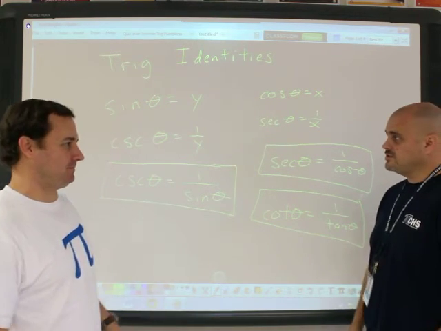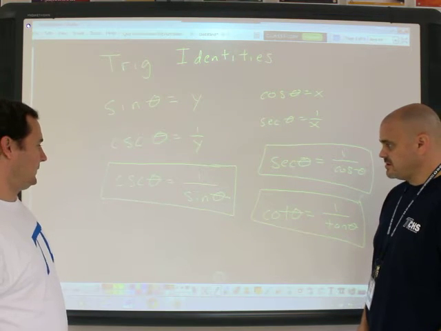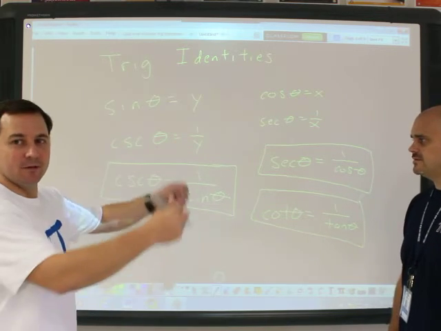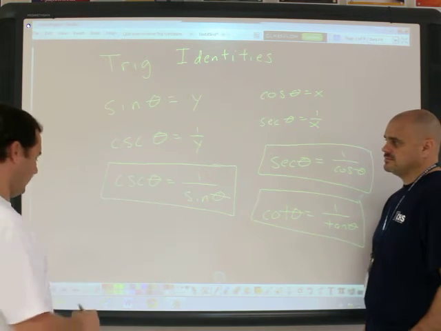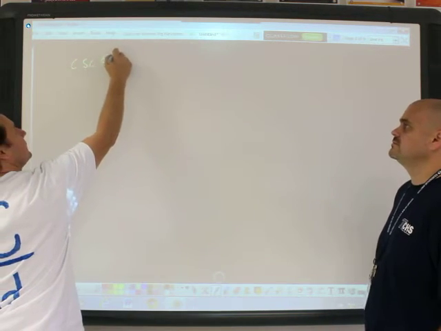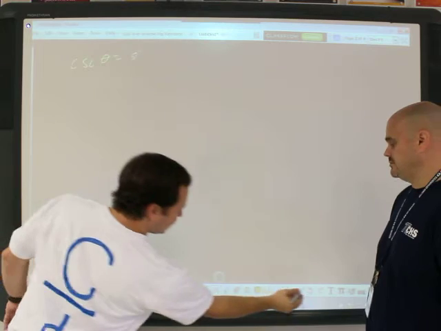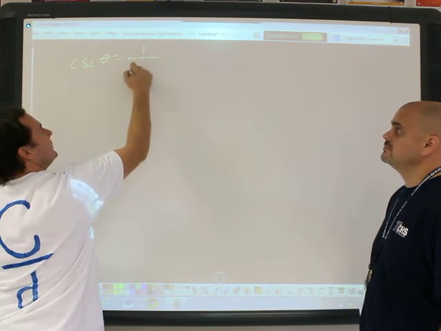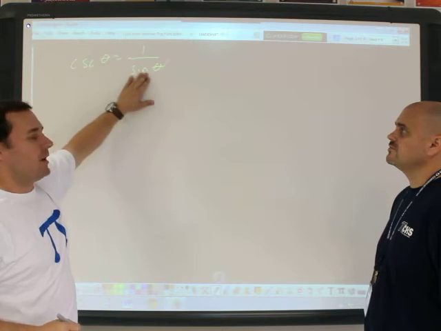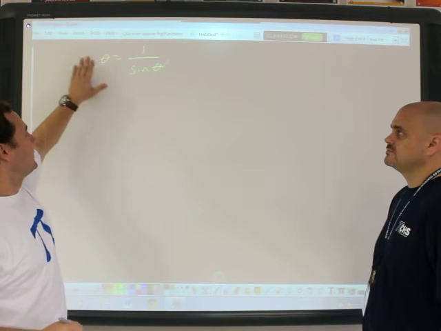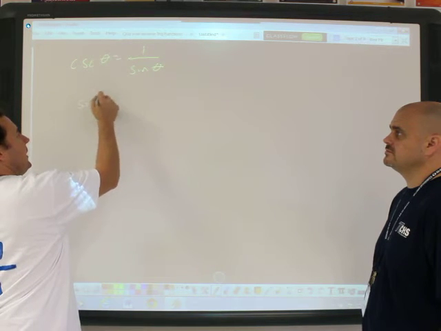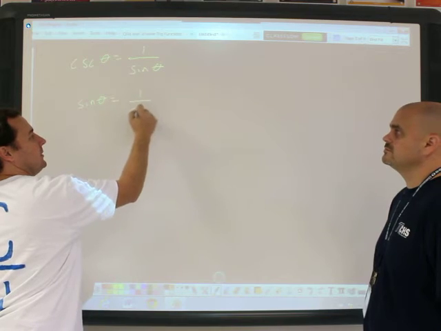That's correct. Are there any more reciprocal identities? Yeah, we can actually take this the opposite direction. If cosecant and sine are reciprocals, I can express cosecant as 1 over sine. I can also express sine as 1 over cosecant.